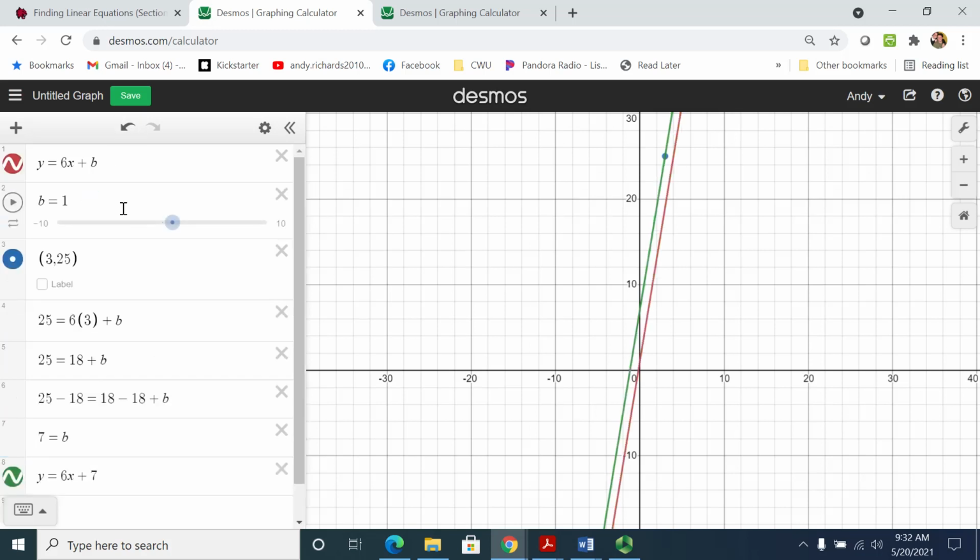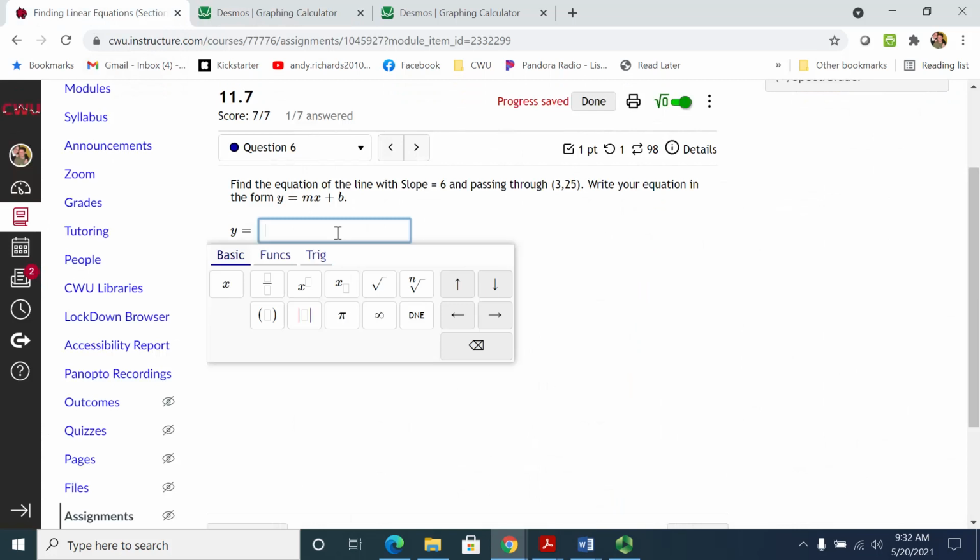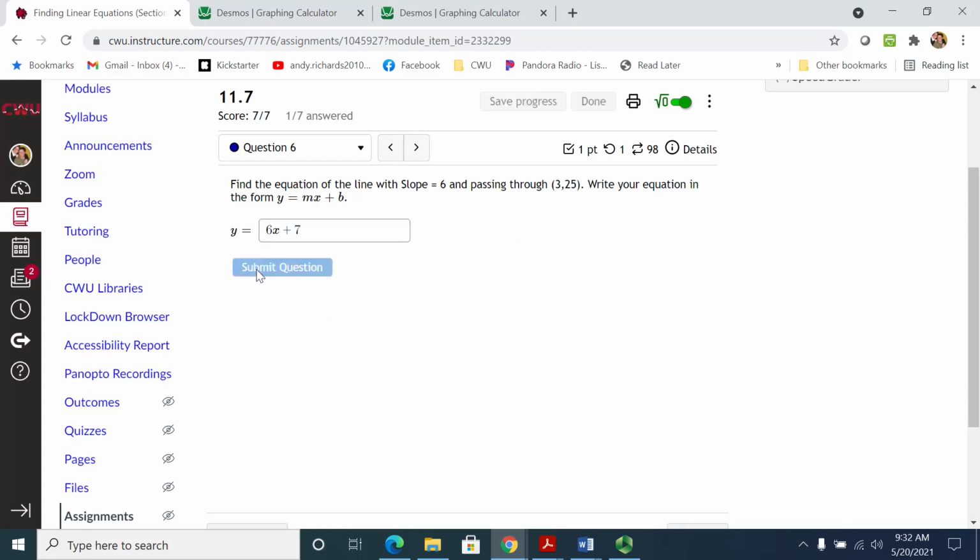See, if I threw a slider on it here, we could have a whole bunch of possible linear equations that have a slope of 6. But there's really only one that's going to make that work, and that would be where this thing is 7. So that's how we figure out our second piece of it. Right? It would have to be some 6x plus 7 in order to get those two pieces to it.